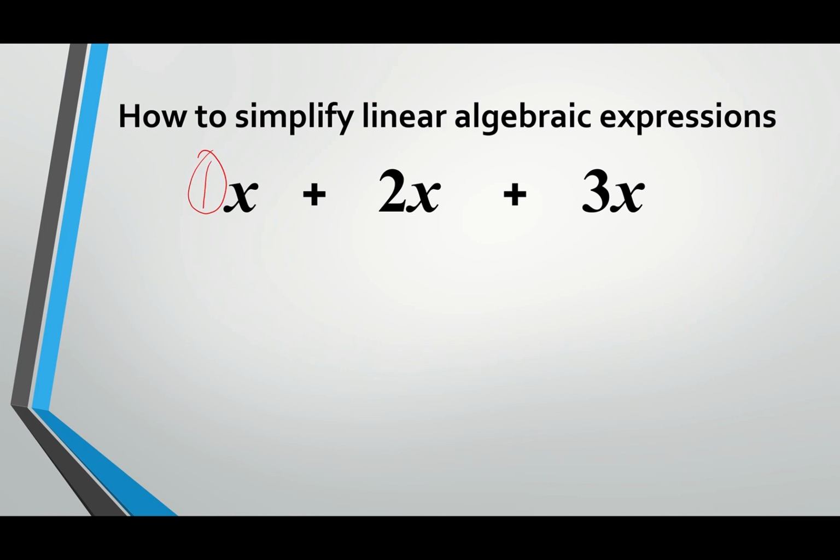So this is 1x plus 2x plus 3x. They are all like terms because they all have the variable x. So we simplify the expression by collecting all the coefficients. We have 1 plus 2 plus 3, which will be 6x.